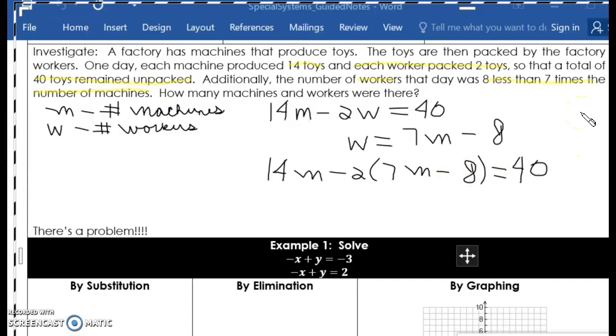Now, if you work this out, you'll find that you get this. 16 equals 40. There's a problem. No solution.